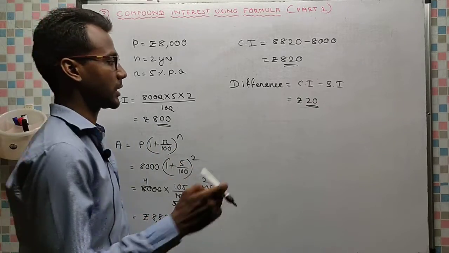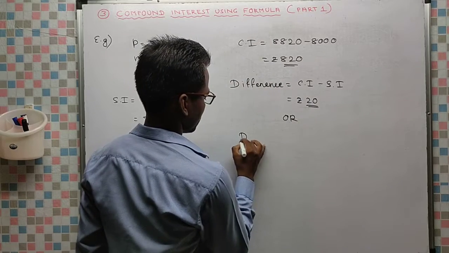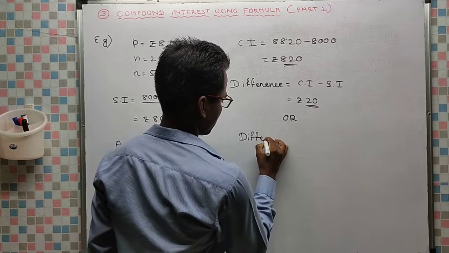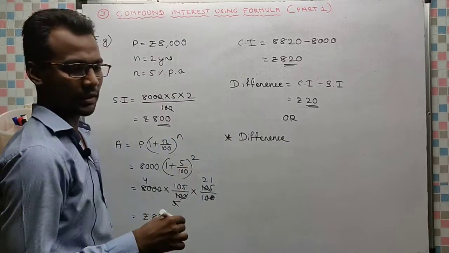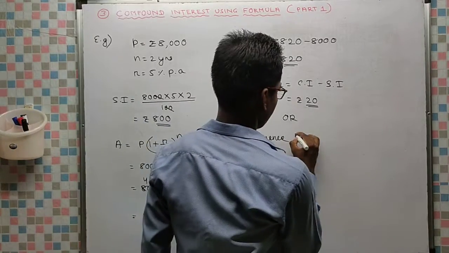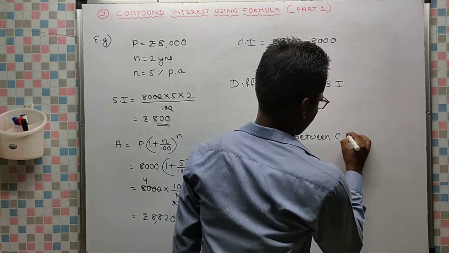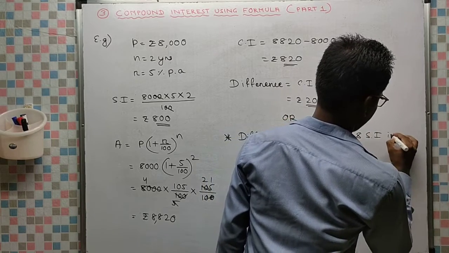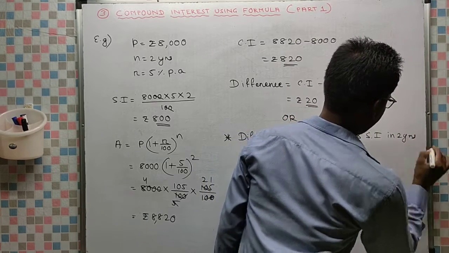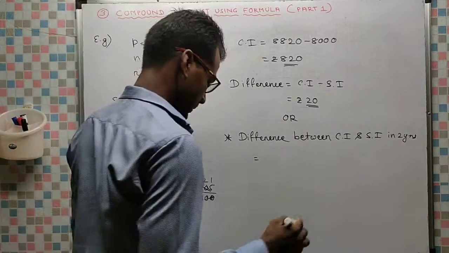Okay, the shortcut is: you can write this difference between CI and SI in 2 years. This formula is applicable for 2 years only.